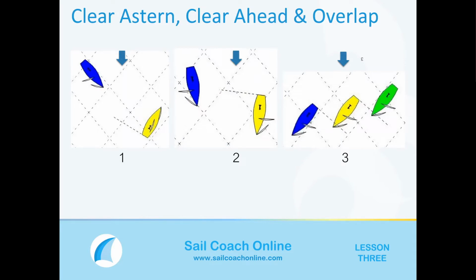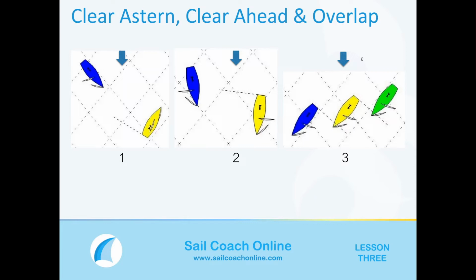In this set of examples, you'll notice that in diagram 1, the blue boat and the yellow boat are both on the same tack, even though the yellow boat's going upwind, and the blue boat is going downwind. The sails are on the same side. So they are on the same tack and therefore are overlapped.